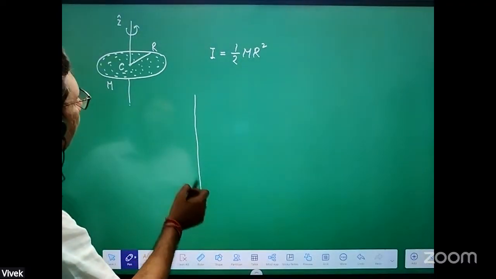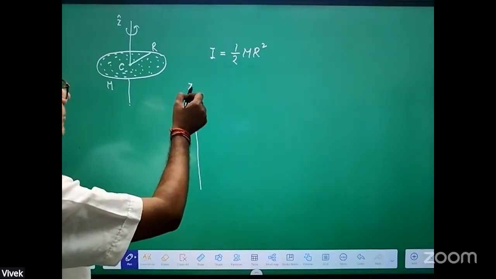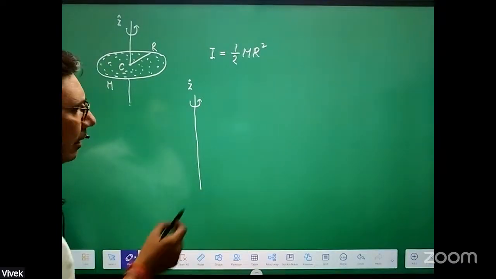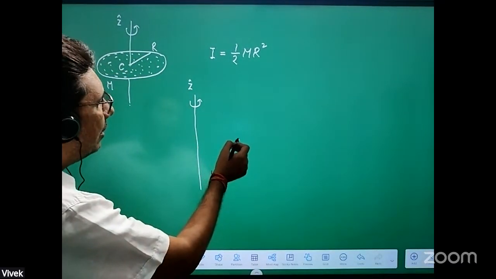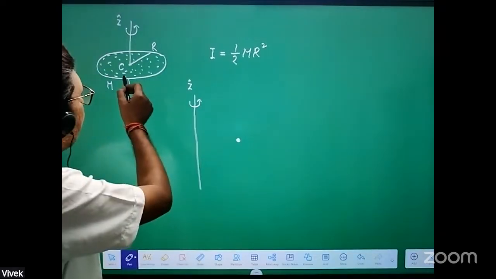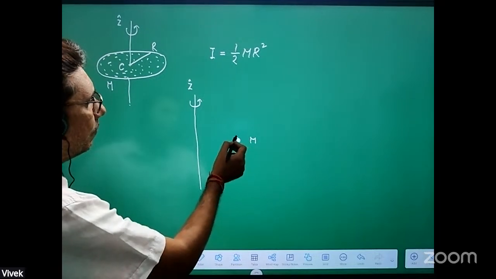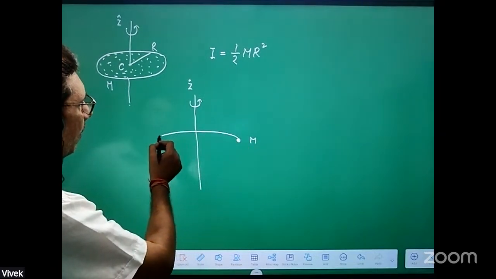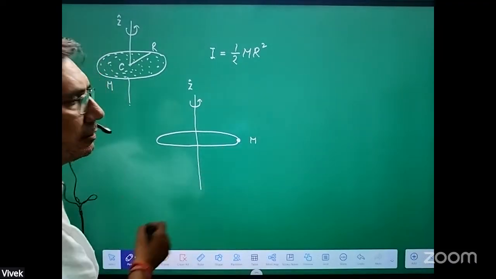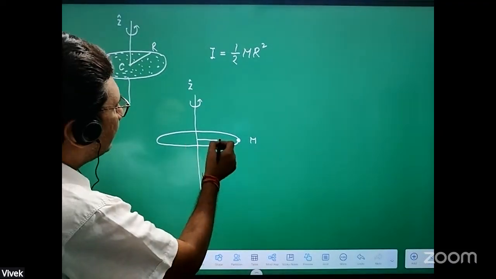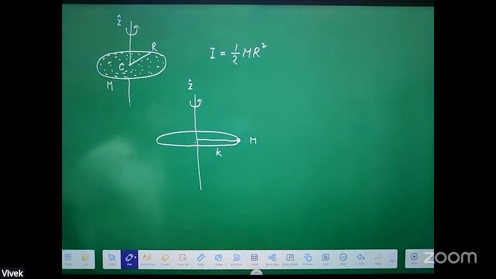Equivalent will be, I will equate it with this system. Axis of rotation is same, this is the same axis of rotation, Z. And in place of this disk, I will say a single mass particle whose mass is equal to the mass of the disk is rotating, suppose at a distance k from the axis of rotation.